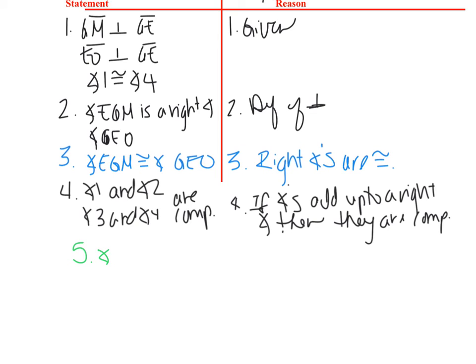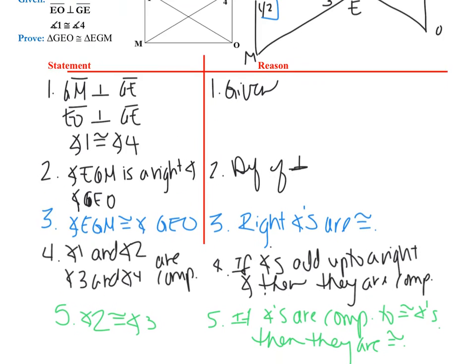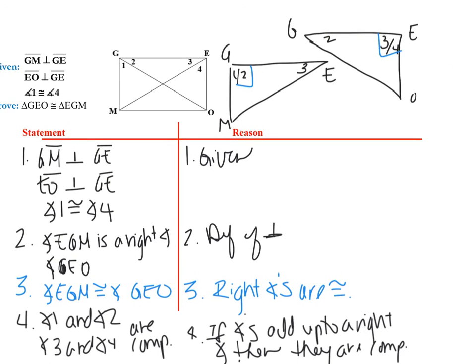So angle 2 is congruent to angle 3 because if angles are complementary to congruent angles, then they are congruent. Okay. All right, so let's go ahead and mark that on our diagram as well. So now we have 2 and 3 are congruent.